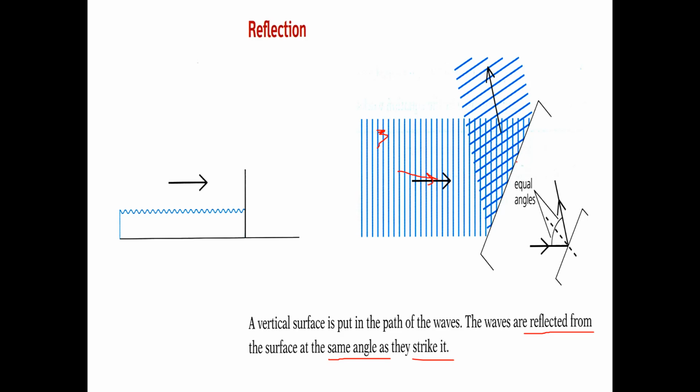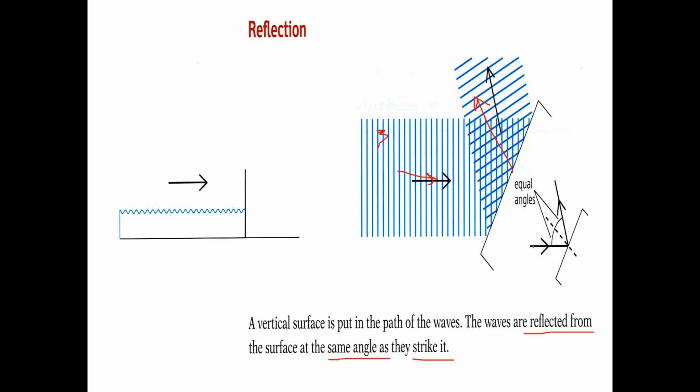This surface will reflect them in this direction. This drawing shows how it reflects. Here it says the wave will be reflected at the same angle as it strikes the surface.